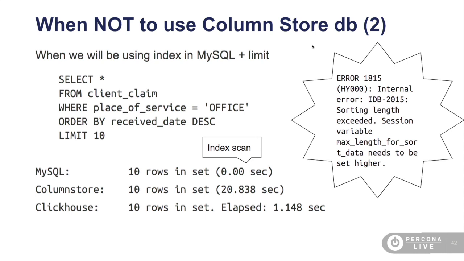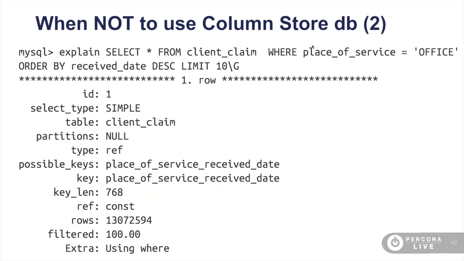Otherwise, it will not work. So again, this is the example of the query in MySQL where I have created the specific index, and it is just using this index. It is not doing any sorts. This is where MySQL is the slowest.